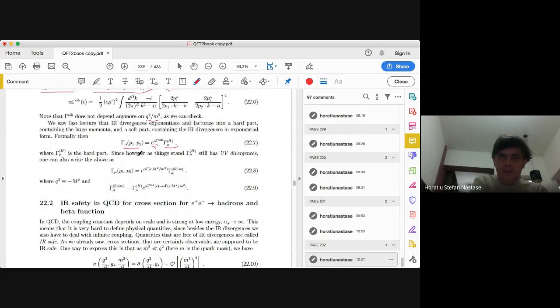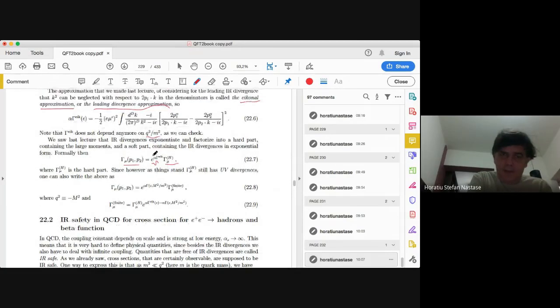We've said that we have an exponentiation of the IR divergences, and there was a hard part times this eikonal scalar factor containing the eikonal approximation to the leading divergent approximation for IR divergence. And moreover, another way of saying it was the finite part times an IR and UV divergent part.